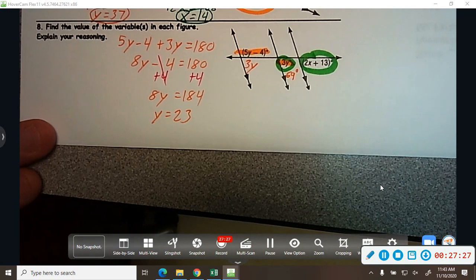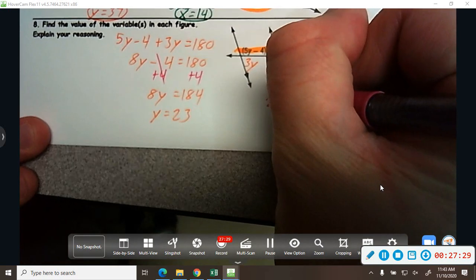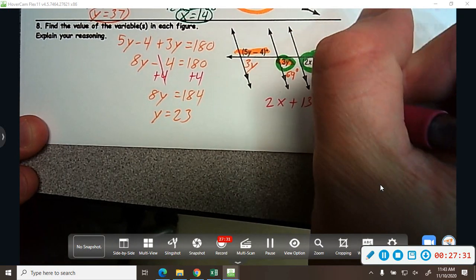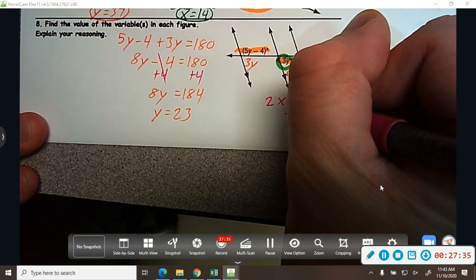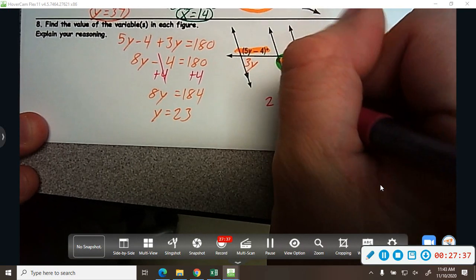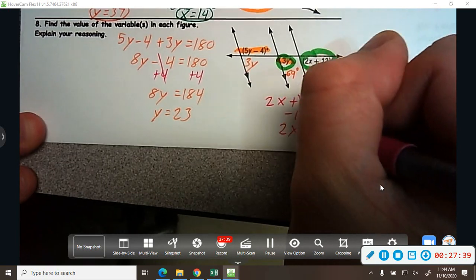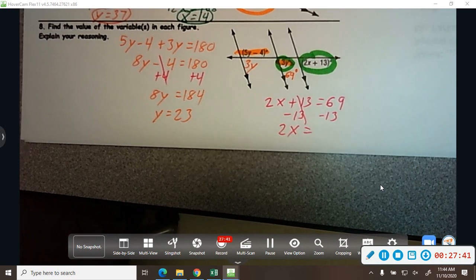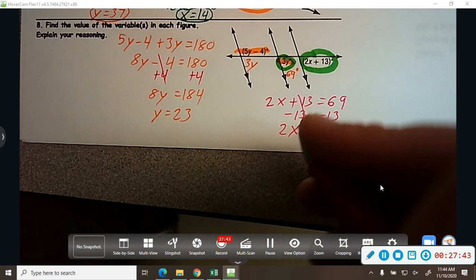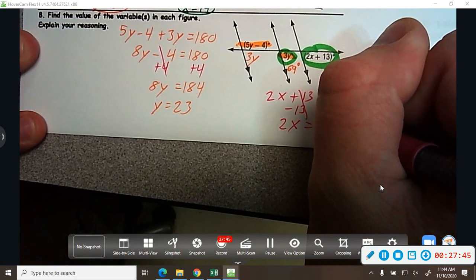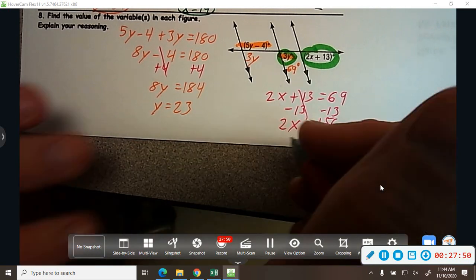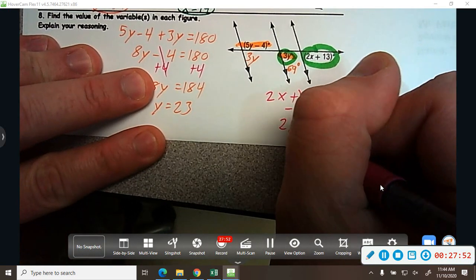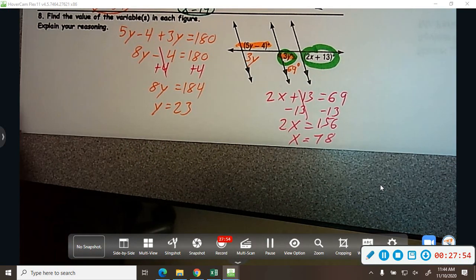So that'd be my equation. I'd say 2x plus 13 is 69, minus 13 from both sides, 2x equals 156, divide by 2, and I get 78. So I found the value of y, I found the value of x.